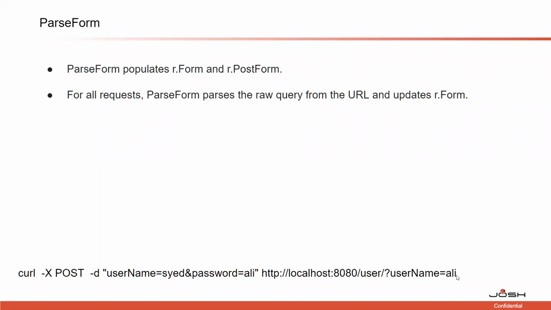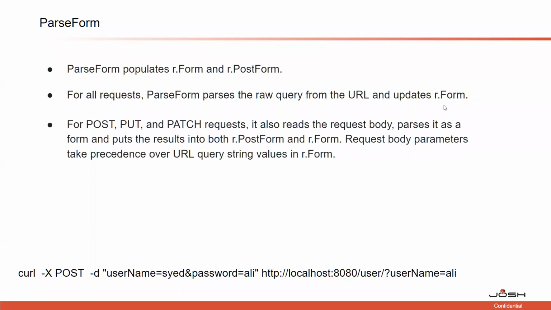So ParseForm will also evaluate this and put it in r.Form. For POST, PUT, and PATCH HTTP methods, it also reads the request body, parses it as a form, and puts it into both PostForm and Form. The request body parameters take precedence over the URL query string in r.Form.